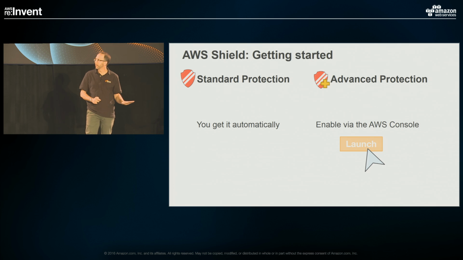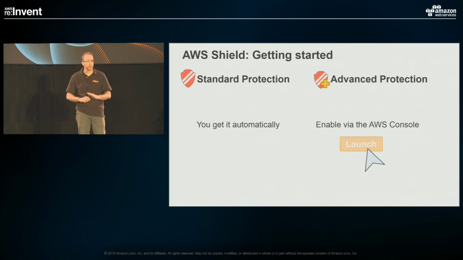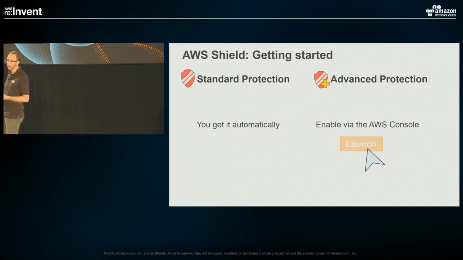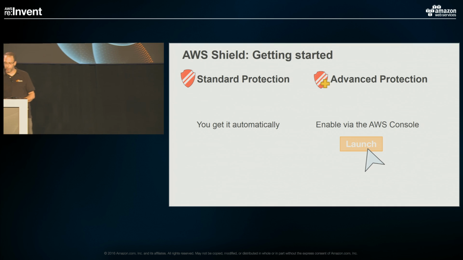If you want to stay on AWS Shield Standard, you don't have to do anything. If you want to adopt AWS Shield Advanced, you can enable it via the console. Just like all our other services, it is a self-service service, and you can enable it. And in fact, that's what I would like to show you now.